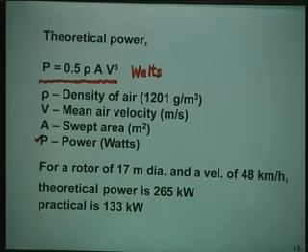Rho is air density, density of air. It is 1.201 kilograms per meter cube. It will vary with altitude. See, air gets thinner and thinner, and oxygen becomes less and less. That is why when you go to any hilltop, you carry oxygen with you, especially Mount Everest or something like that.